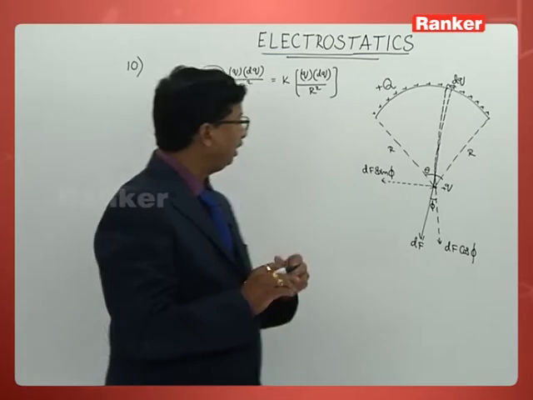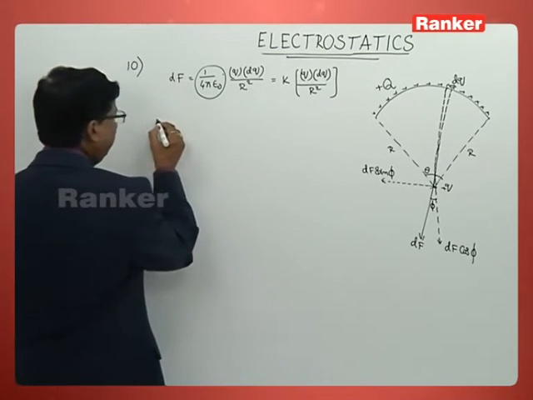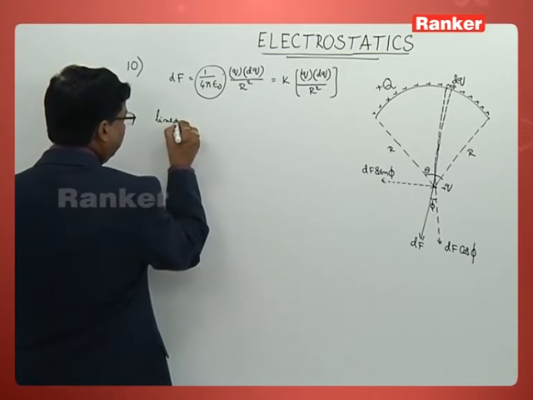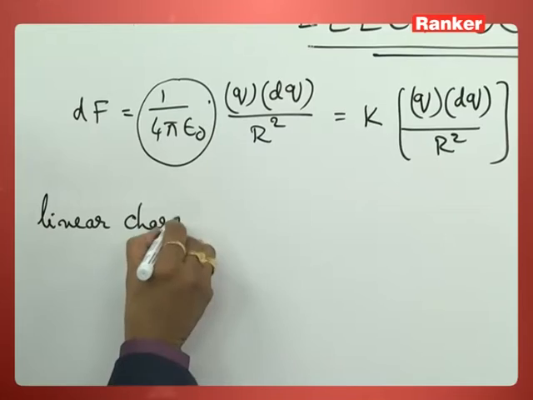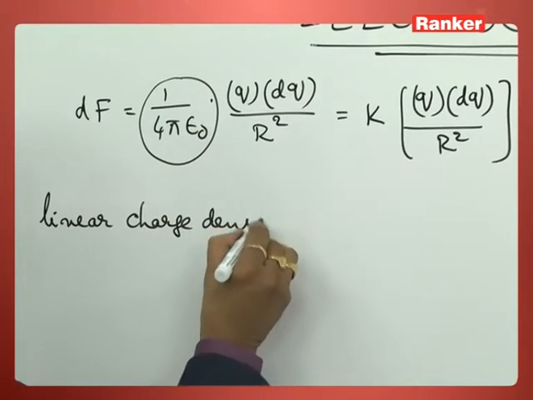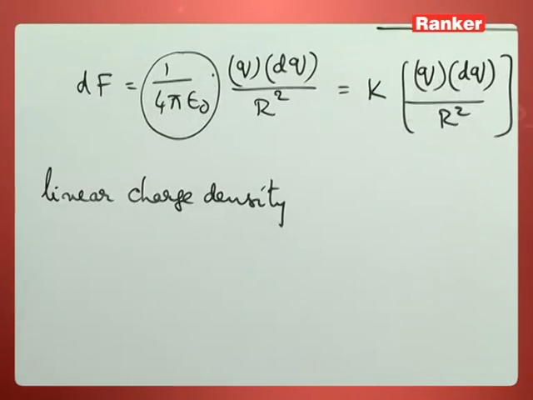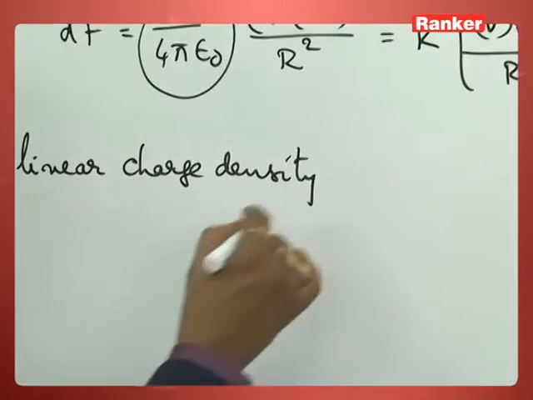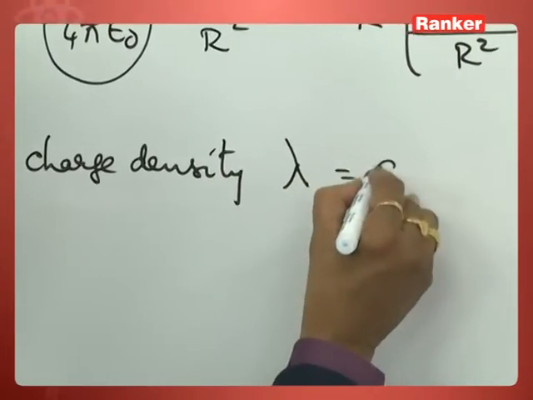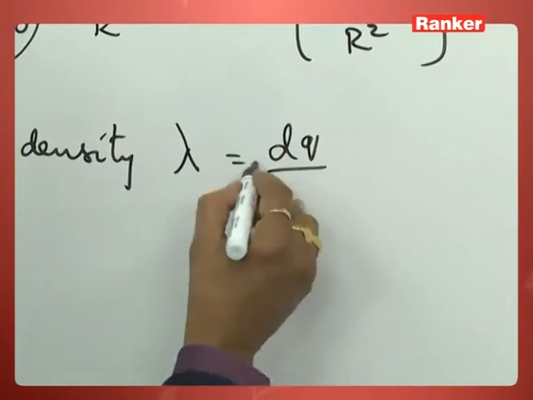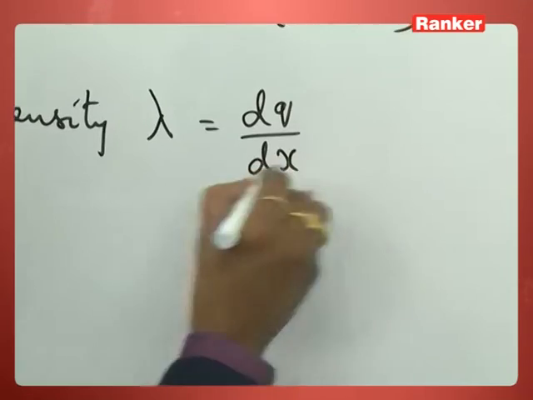How to calculate the value of dq means, what can we write now? Linear charge density. What is the linear charge density over here? Lambda, I can take this one as dq by dx.